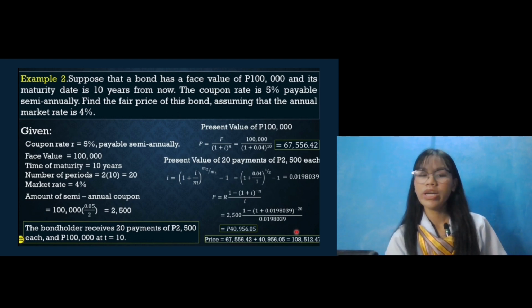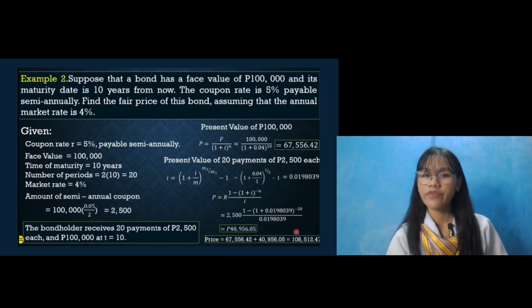And then, why is it 1/2 in our exponent? So, our m sub 2 here is the annual. And then, our m sub 1 here is our semi-annually. So, just try to remember that the one who will be saying first in our problem, that will be our m sub 1, and then the second one would be this m sub 2.